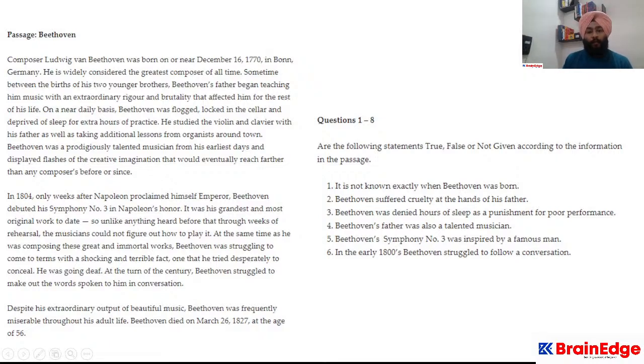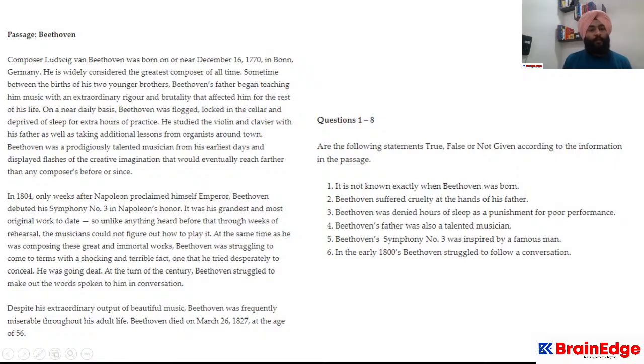Okay. Beethoven's father was also a talented musician. Let's see. Was he a musician or a talented musician? He studied the violin and clavier with his father as well as taking additional lessons from organists around the town.